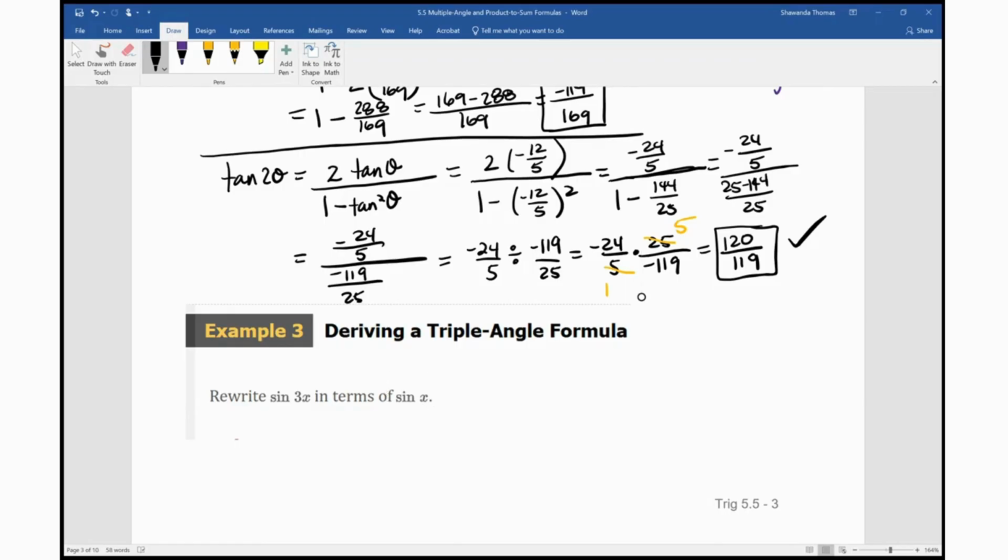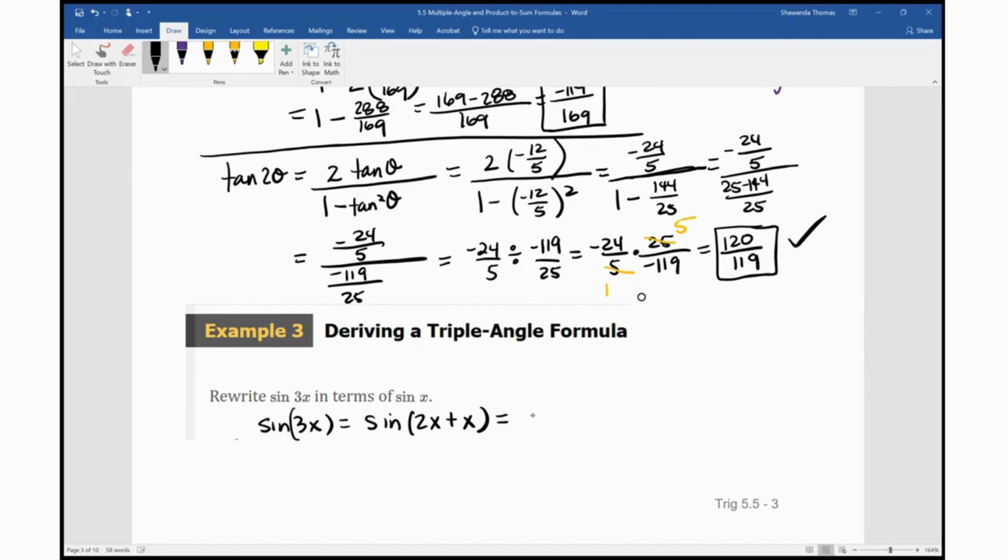So the first formula we're going to use is the sum formula. We know we can split up 3x as 2x plus x. So that's already looking like one of those sum formulas we used in the previous section.